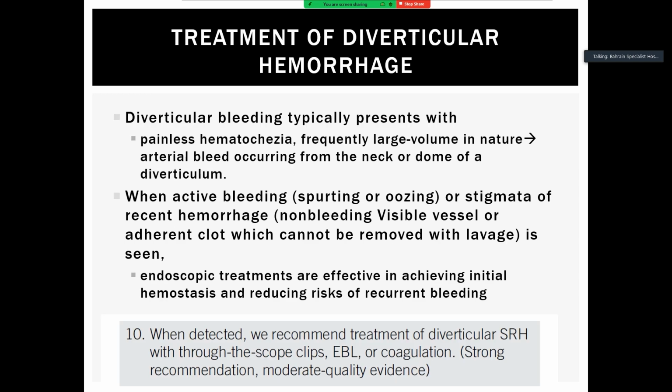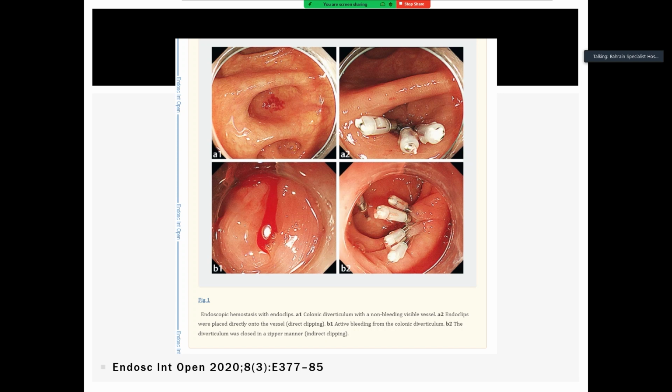Coming one by one to the source of the bleed: if the patient presents with diverticular hemorrhage, they usually present with large volume painless hematochezia because it is an arterial bleed. When there is an active bleed like spurting or oozing, or a visible vessel or an overlying clot that is not removed with washing, then we need to intervene. The preferred method is clipping.